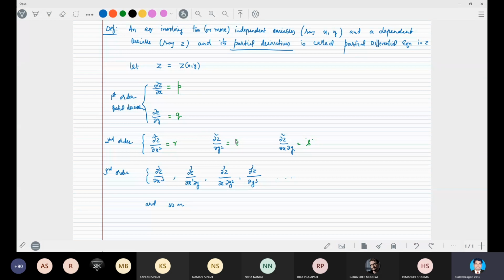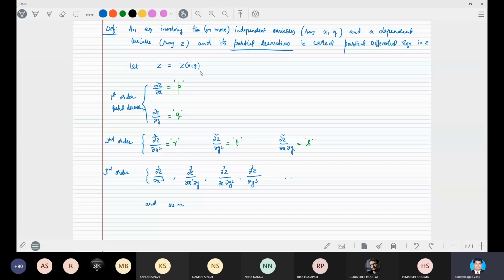Okay, these are the standard notations used for denoting the first and second order derivatives of a single dependent variable that depends on two independent variables x and y. The dependent variable need not be z, it may be some other variable, but it should be a dependent variable.